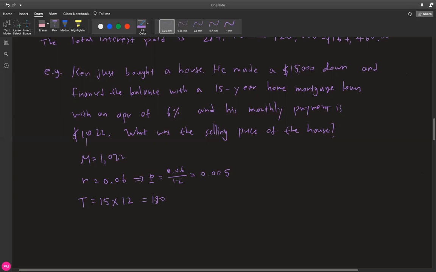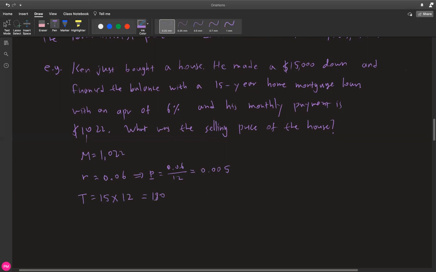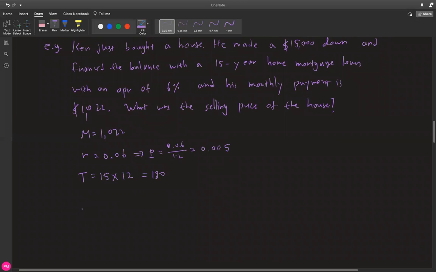So knowing all these, let's put this into the calculation. We know that the monthly payment is $1,022, and whatever the financed principal is, we know that the periodic interest is 0.005 multiplied by 1.005 to the power of 180, and you divide it by 1.005 to the 180 minus 1.